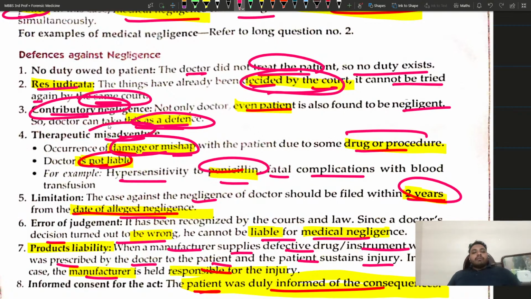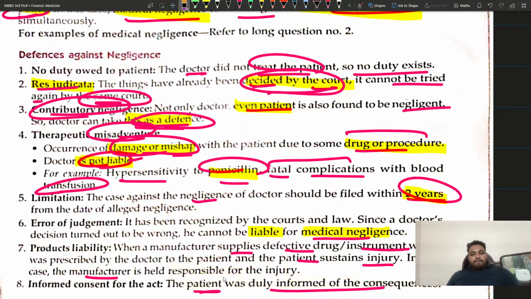That comes under therapeutic misadventure. The doctor has no plan unless the doctor is aware of this. Hypersensitivity to penicillin and fatal complications of blood transfusion are other examples.